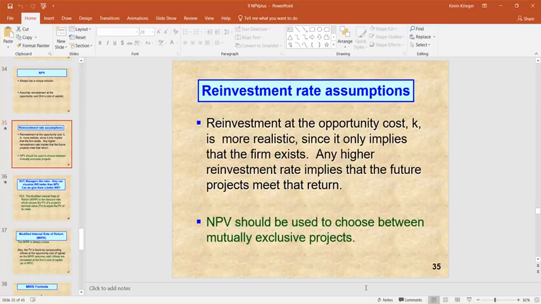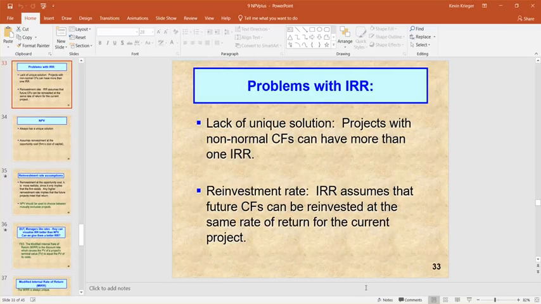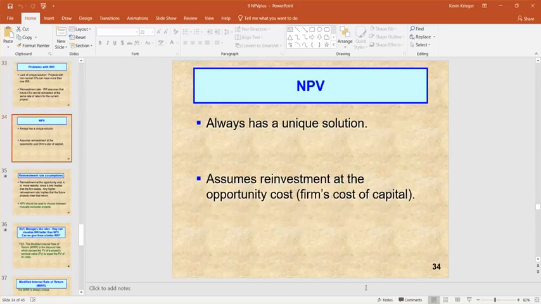And I just kind of mangled that explanation again a moment ago. Your IRR is assuming that you're reinvested at the same rate of return as the current project, whereas the NPV uses the cost of capital. So if you have a cost of capital given to you, that's the rate at which you're reinvesting cash flows here.